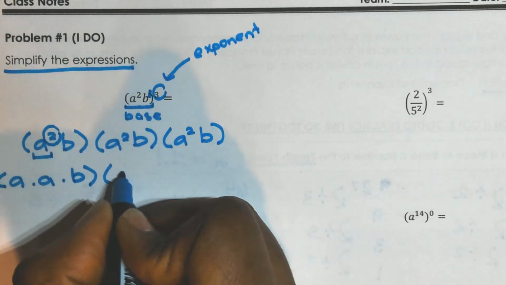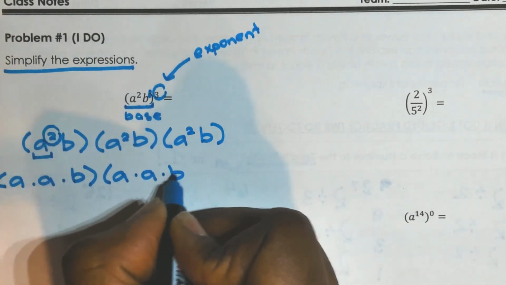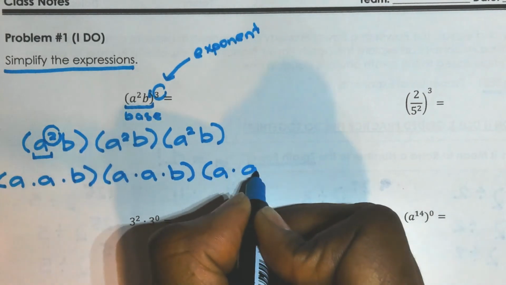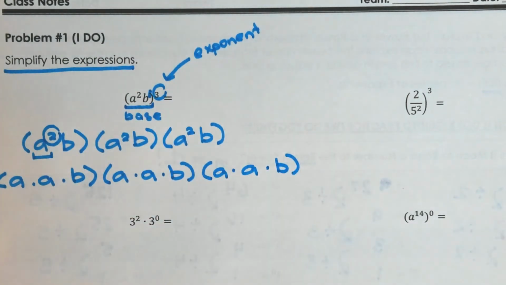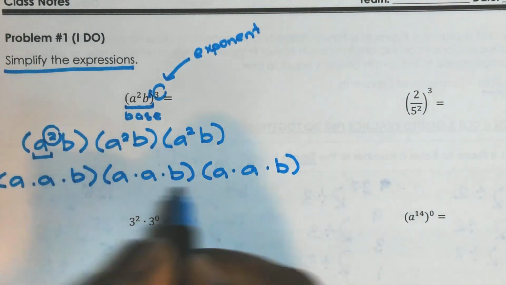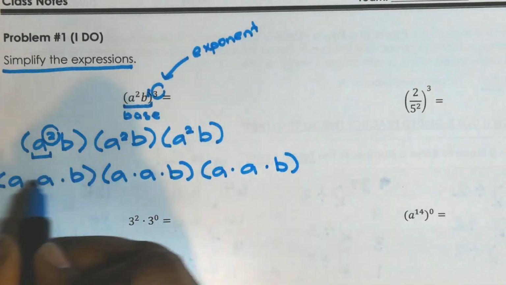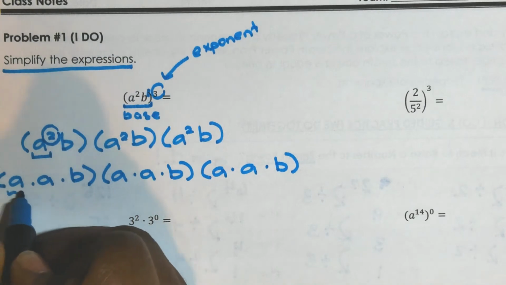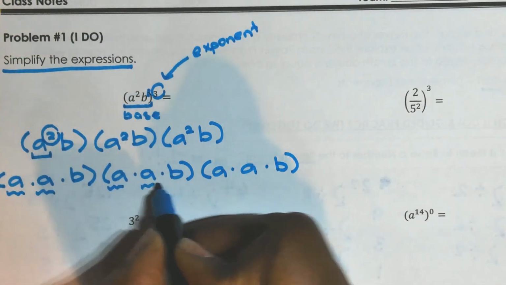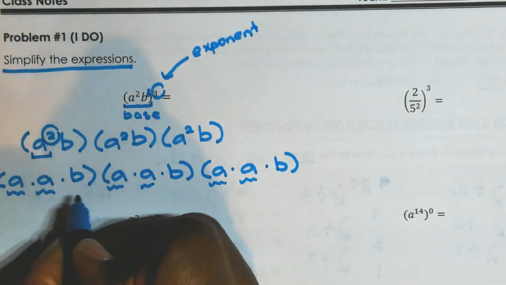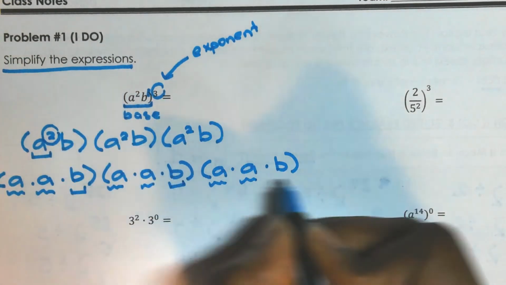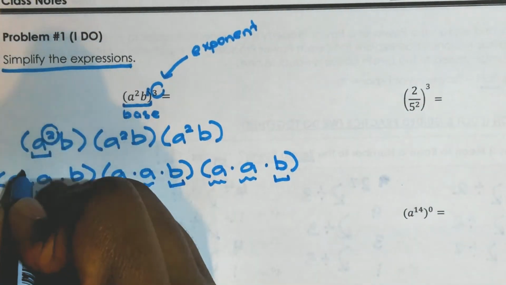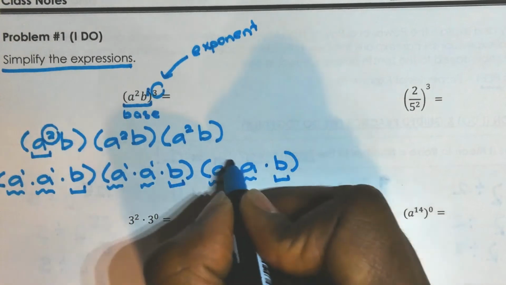So that's 1, that's 2, that's 3. Now, if I were to multiply all of these together and write them as an exponential expression, I want to keep the ones with the same base together, and I want to add their exponents, right?